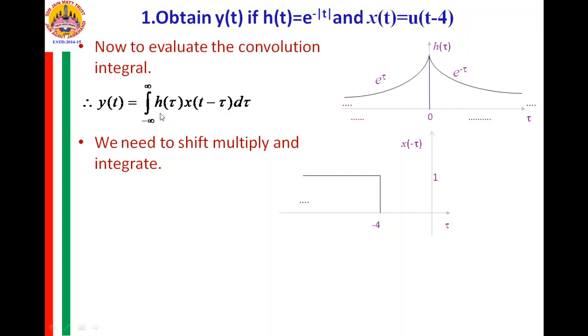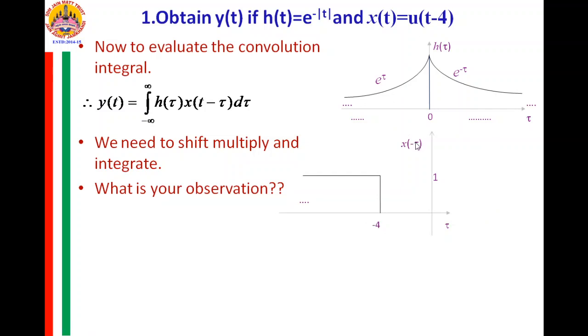For other range, this product will be equal to 0. So observe here that x of t from minus 4 onwards towards infinity is equal to 0. So when you multiply these two together as it is, you will observe that the product will exist only from minus infinity up to minus 4, and then onwards this product is 0. So we say that these two overlap from minus infinity to minus 4.